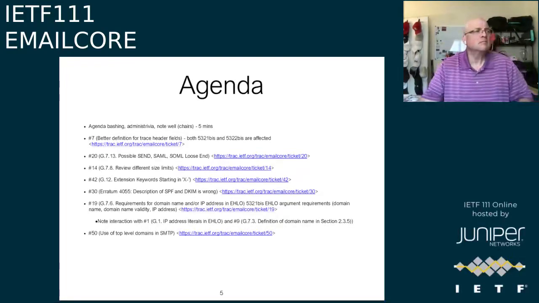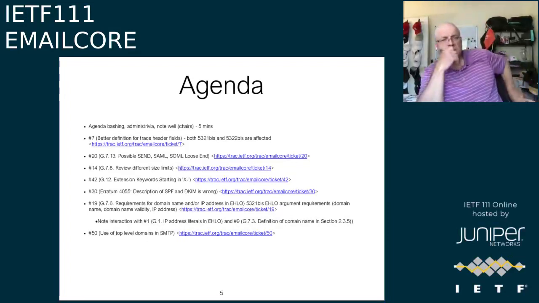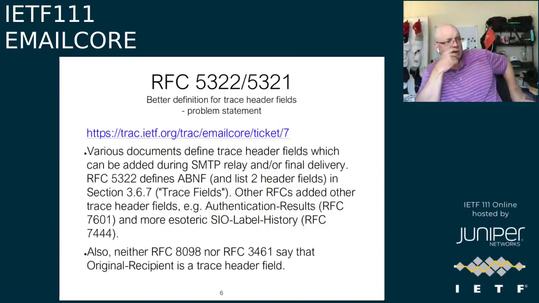Right. So any agenda bashing? Hearing nothing, let's start with trace header fields, round 2. Just to remind people, there is a definition of trace header fields, which is Received and Return-Path, but also includes some other header fields defined in other RFCs over time.